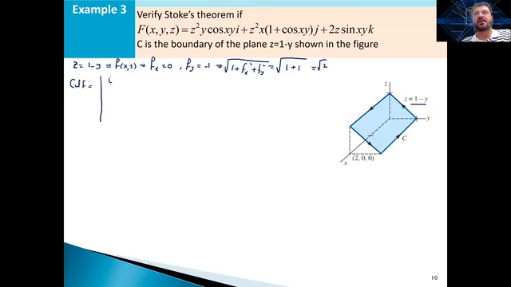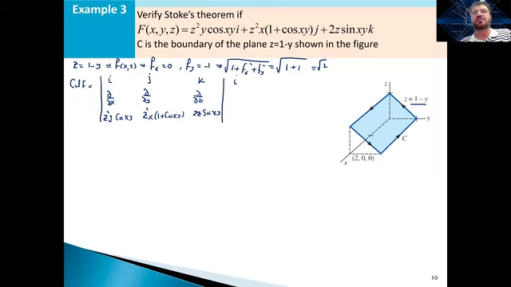This is the lengthy one. i, d over dx, and then we have z squared y cosine xy, and then j with d over dy of z squared x (1 + cosine xy), and then k, 2z sine xy, and this is d over dz.